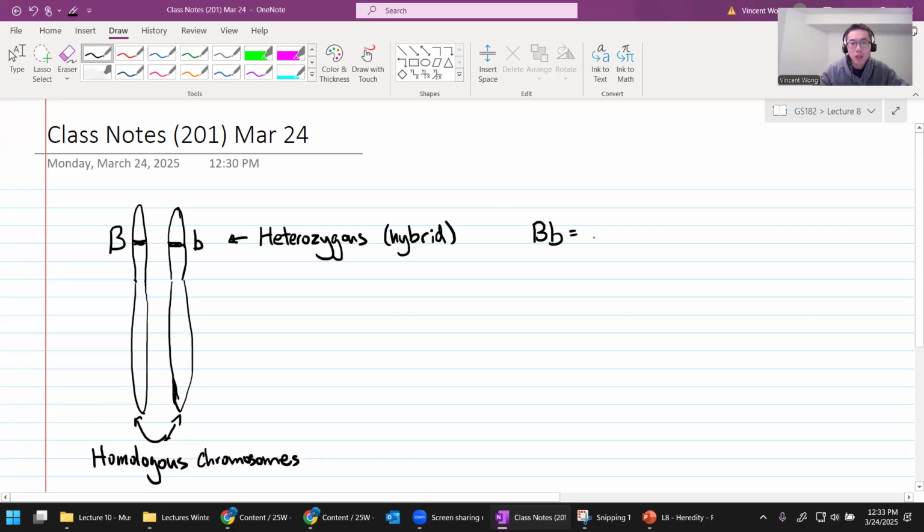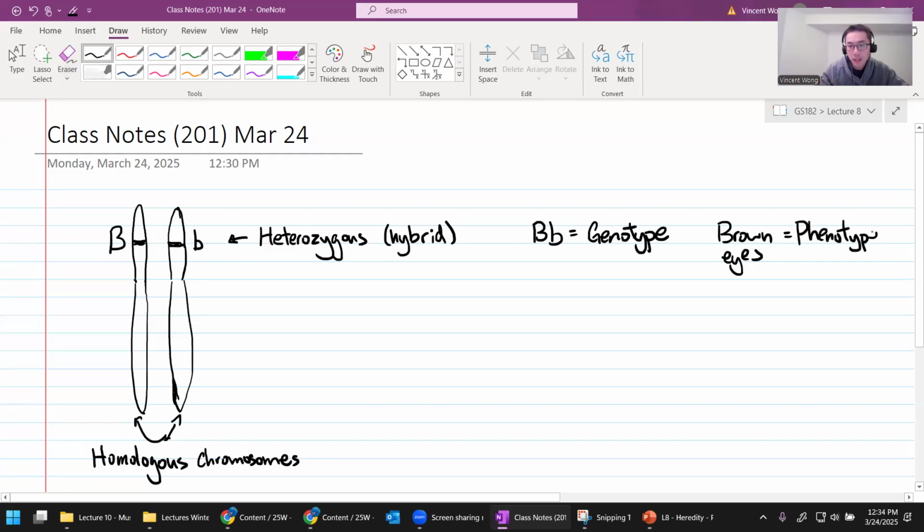This is the genotype. And the expression of the genotype, as in what does it turn out to look like on the person. So let's say this is brown eyes and blue eyes, and big B, small b is going to be brown eyes. Then this is called a phenotype.